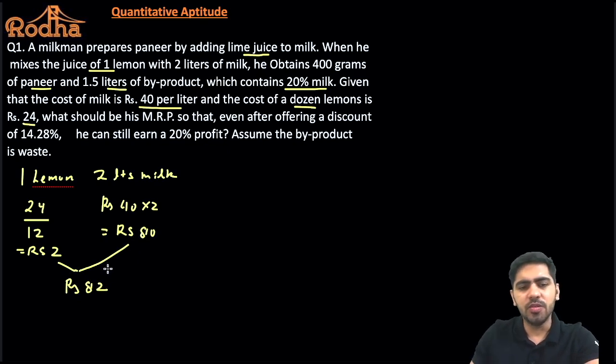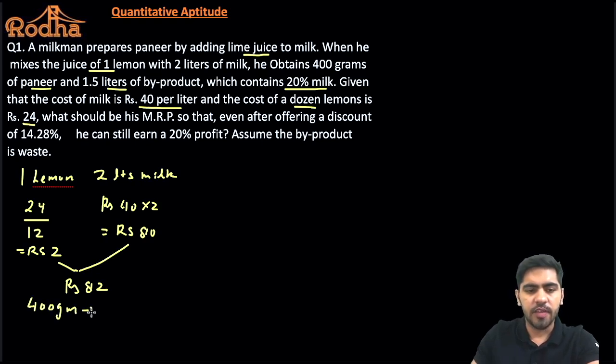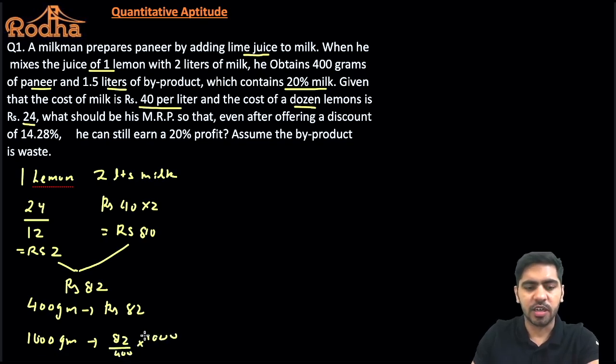Now, if for 400 grams I need to invest rupees 82, then for 1000 grams I'll be investing 82 upon 400 into 1000, which gives me my answer in rupees.